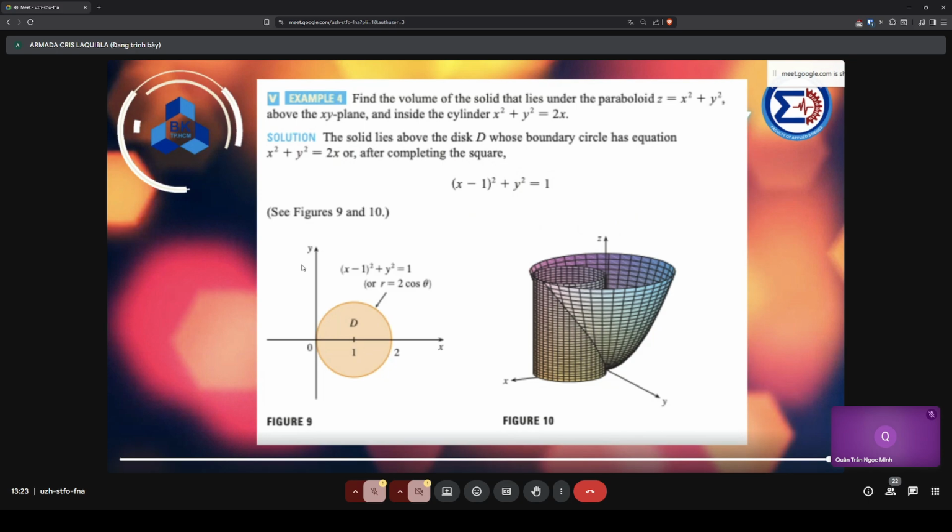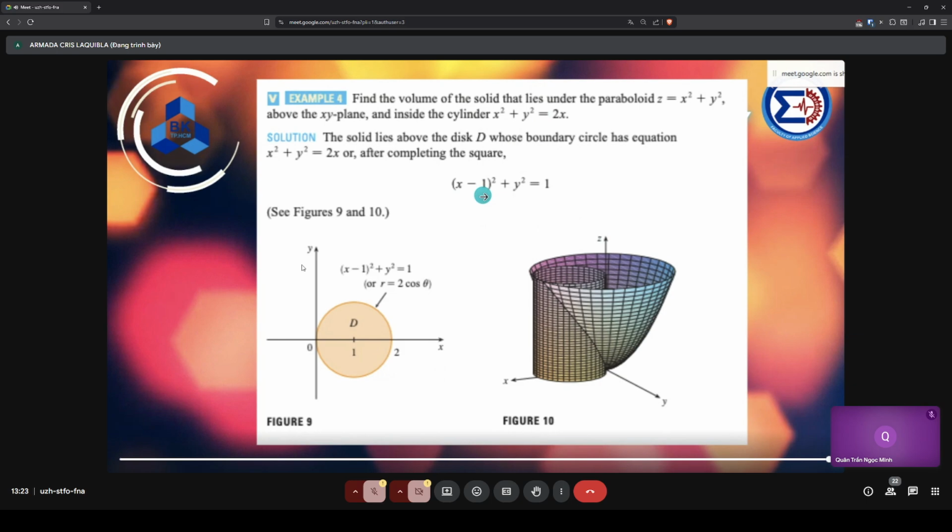Now it's easy for us to see the center of the circle. The formula for the circle is x minus h squared plus y minus k squared is equal to r squared, and the center is (h, k). In x squared plus y squared, h and k are both 0, which is why the center there is the origin, (0, 0).